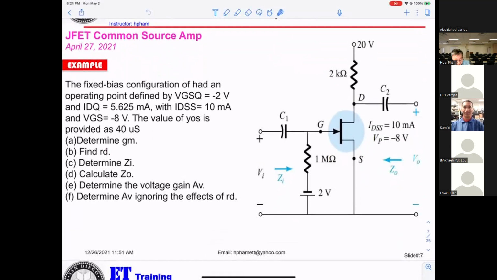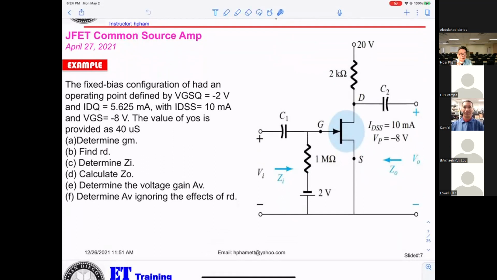Okay, now I try to see. We can do this example. If you're looking into the circuitry, it's a common source amplifier using the fixed bias.